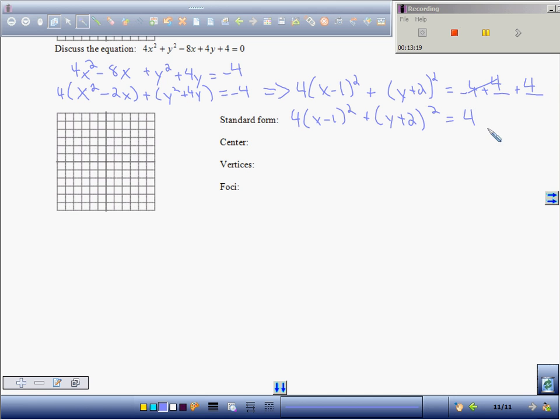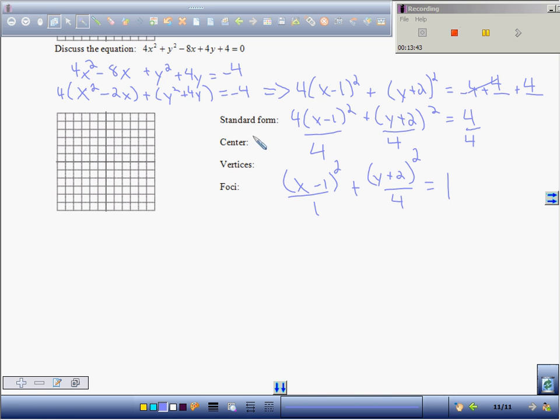Now I want to turn this into a 1. So I divide everything by 4, and I get (x minus 1) squared over 1 plus (y plus 2) squared over 4 equals 1. And then I can find all this stuff.